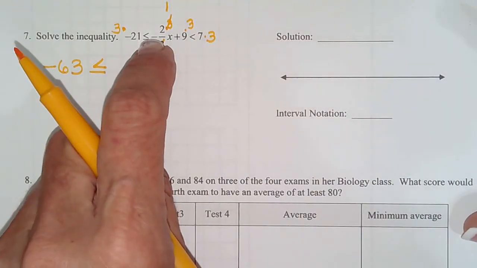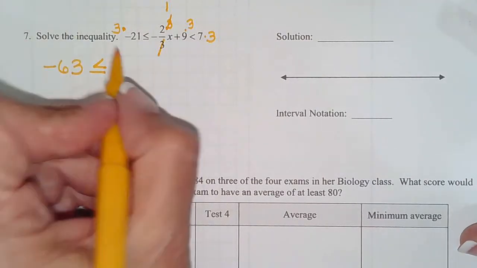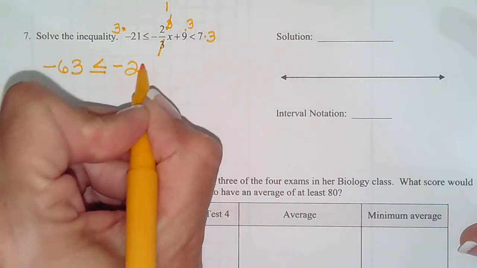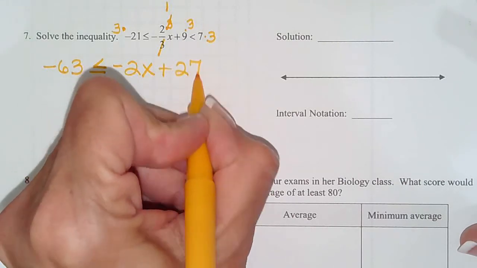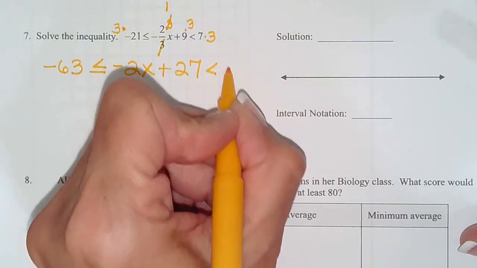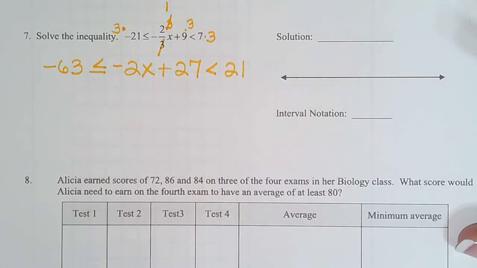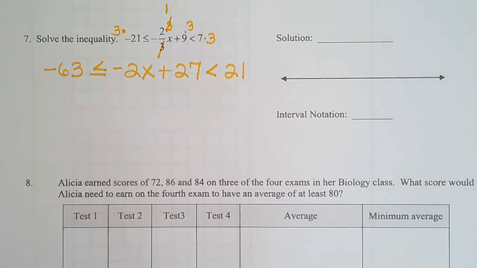So I'm left with negative 2x plus 27 is less than 21. So fraction free. Doesn't that look a lot easier than the original problem? Yeah, so just multiply every single thing by 3.